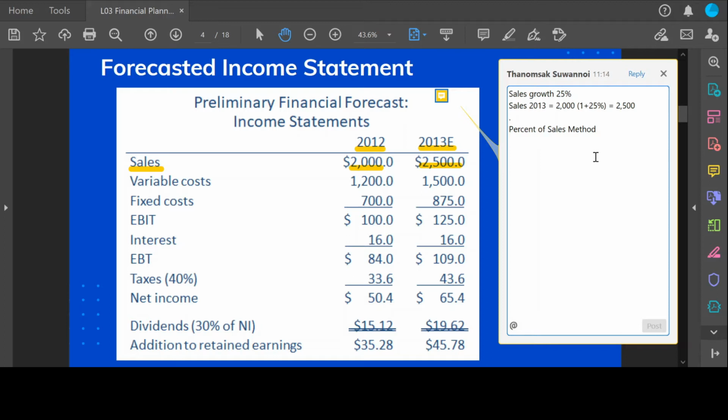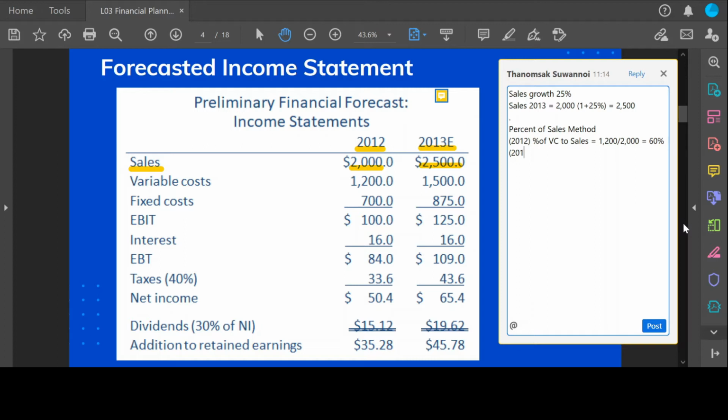In a percent of sale approach, we assume that all accounting items can be expressed as percent of sale. So the next accounting items in the income statement are variable costs and then fixed costs. We can first calculate the percent of variable cost to sale in 2012 as $1,200 divided by 2,000, which is equal to 60%.